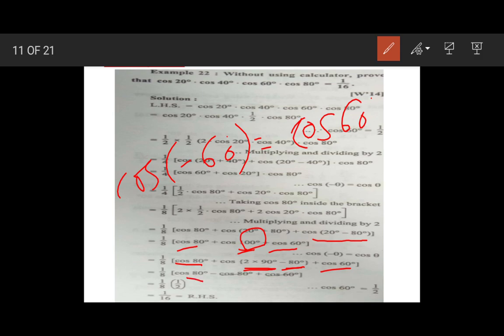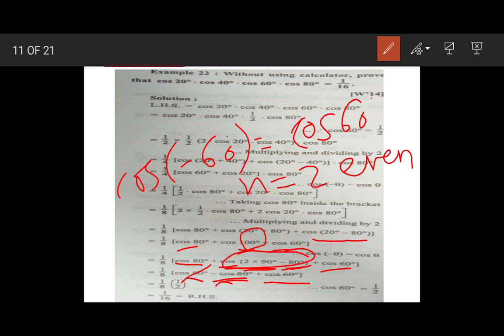This cos 180 minus 80 will be minus cos 80 degree from the allied angle formula. Here n is 2, which means n is even, and even means no change, so cos will be cos only. 180 minus means theta lies in the second quadrant, and in the second quadrant cos is negative. So minus cos 80 degree plus cos 60 degree.